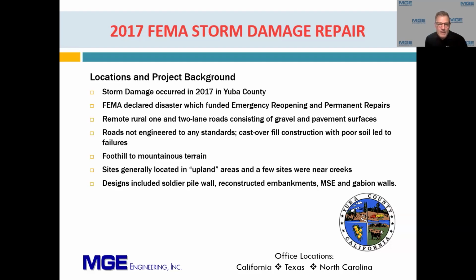That led to part of these problems in that the fills were never placed to any sort of engineering standard. There was no drainage, and they were starting off with weak soil. So it wasn't surprising that they had as many failures as they did.